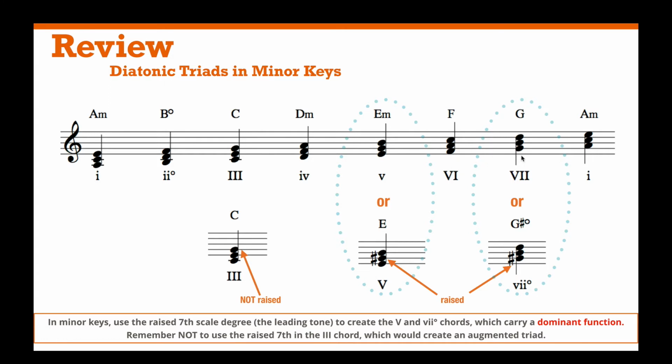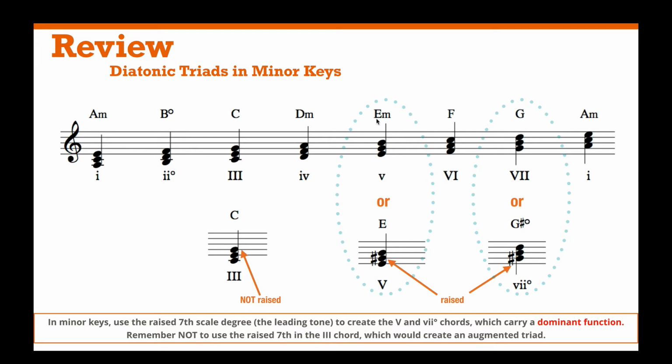In natural minor, it's supposed to be a G, plain G natural. When you change your minor key to a harmonic minor, you do that by raising that 7th scale degree up a half step. So this G becomes G sharp when you're using harmonic minor scale.